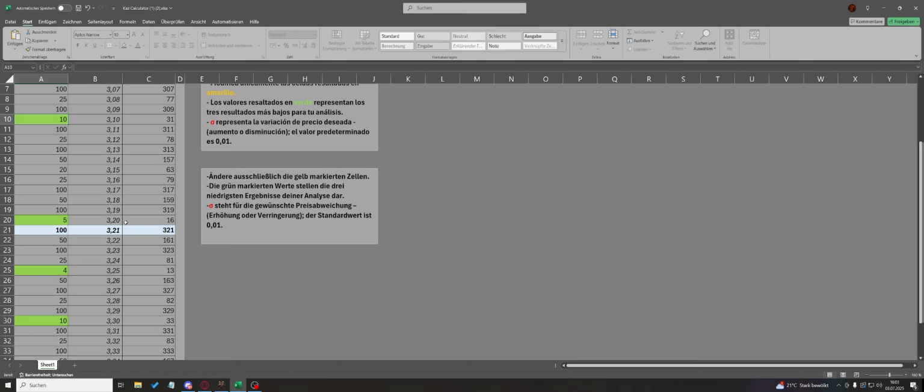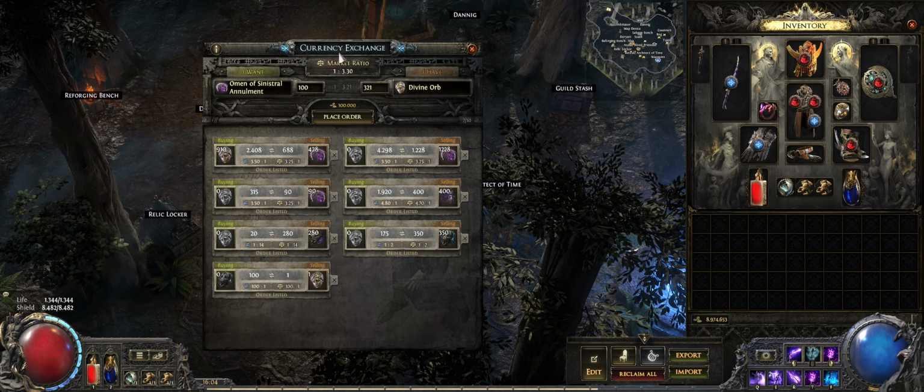So for example, we could just make another offer for 3.2 where we only need to buy 5 for that, or if we want more, we can also trade at 3.24 or 3.22 and we'd buy 25 or 50. So if I decided, okay, I want to buy at 3.24, I can buy for 81 divines and 25 omens.